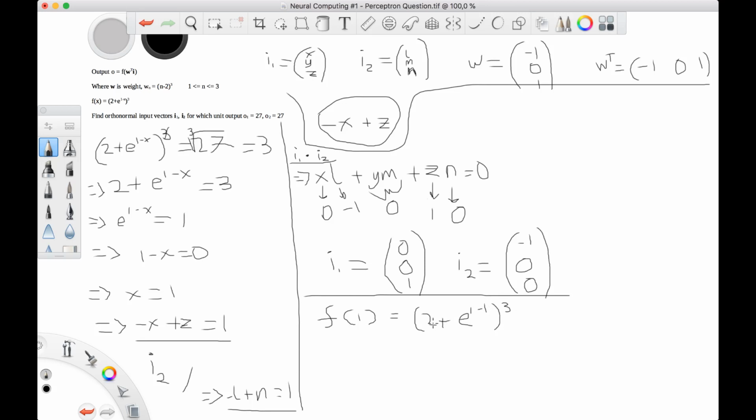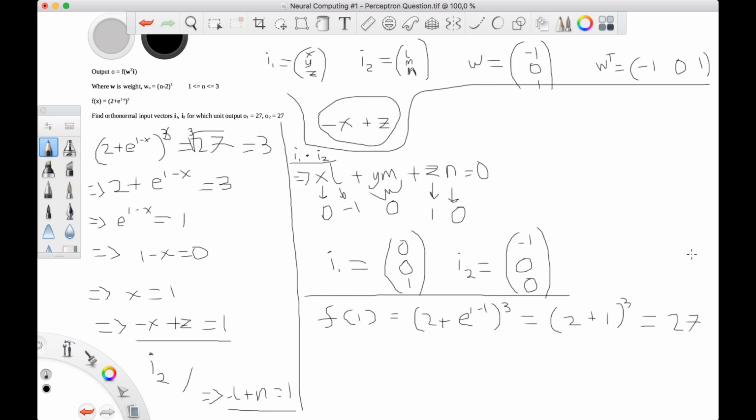Well, that is equal to 2 plus e to the power of 0, which is just 1, cubed, which is equal to 3 cubed, which is 27.